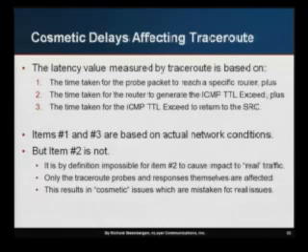So items 1 and 3 are actual network conditions that you're trying to measure. Item number 2 is, by definition, not. It's an artifact of traceroute. And so if there's an issue where the router is slow in generating the ICMP message, it will look bad in traceroute even though it's not actually bad to the packet. And so you've got to kind of figure out when that's happening and when that's not.